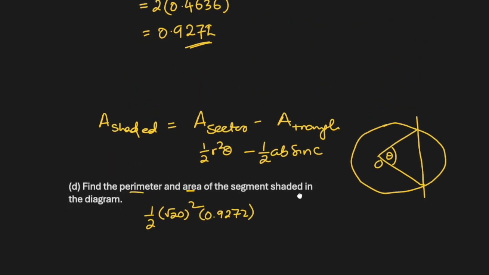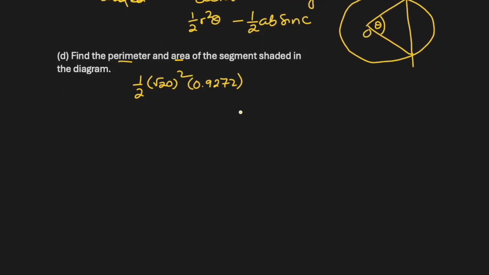Minus half times AB, the two sides of the triangle, which are square root 20 here and square root 20 here. So I will write square root 20 times square root 20 times sine, the angle between those two sides is theta, sine 0.9272.